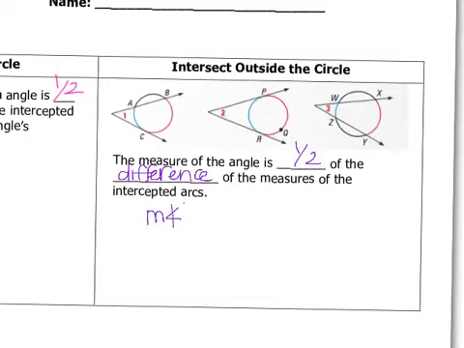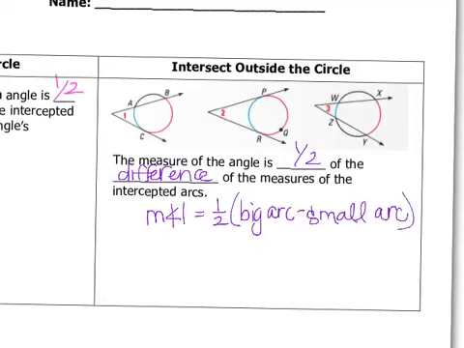So the measure of your angle is half of the big arc minus the small arc. And that would kind of generalize this for every situation. You could write it specifically for each one if you wanted, but in general, the measure of the angle is half of the big minus the small.